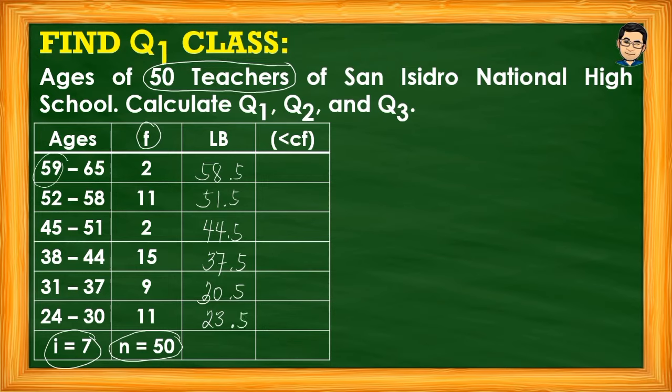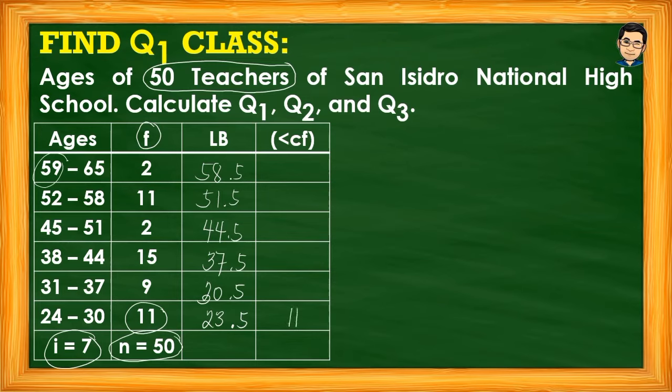Next, for the less than cumulative frequency. Okay, so kailangan nakikita natin kung saan yung lower class. Okay, so dun tayo magsisimula. Okay, so ang gagawin natin, kukunin natin yung frequency ng lower class. So from 24 to 30, ang frequency nun is 11. So kukunin natin yung 11 na yun.